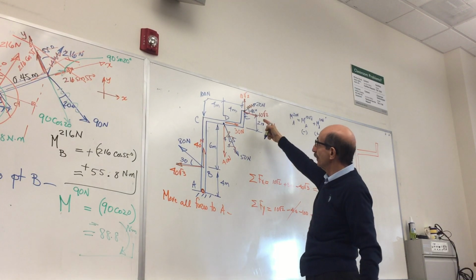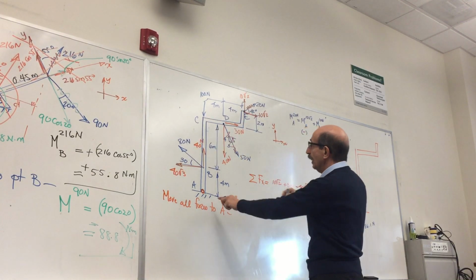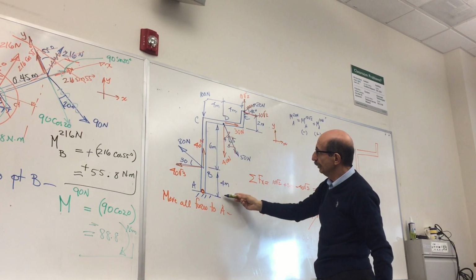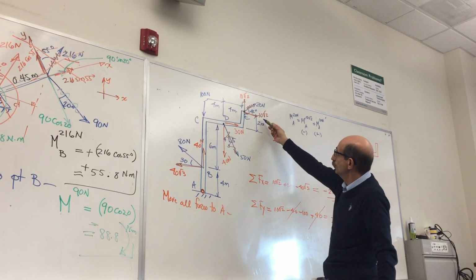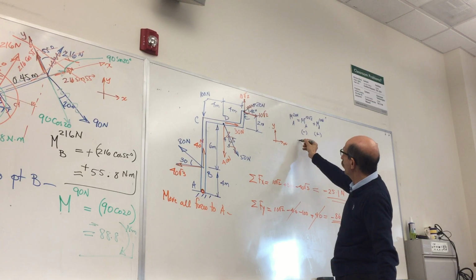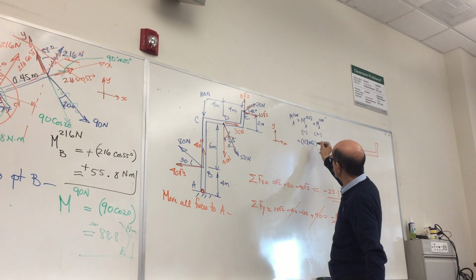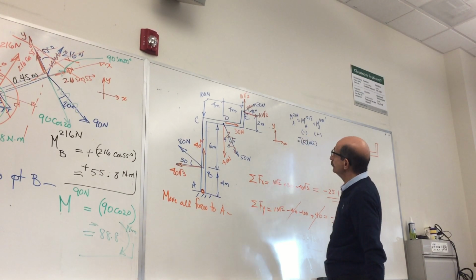So we already have the distance. You have 2 plus 10, 12. So the moment arm here is 12 times 10 square root 2. This is negative.